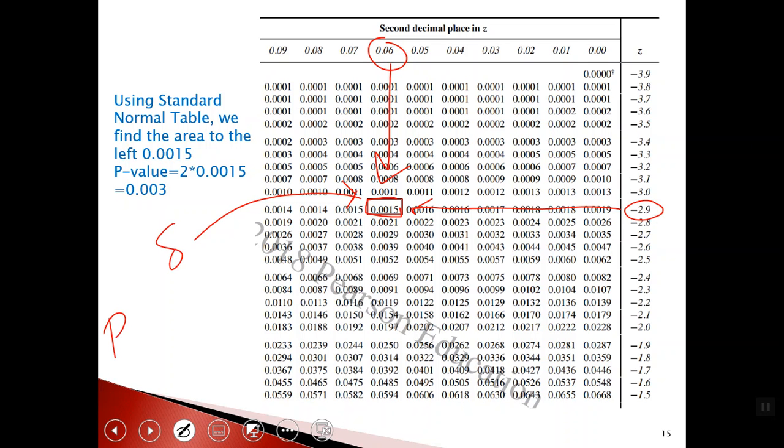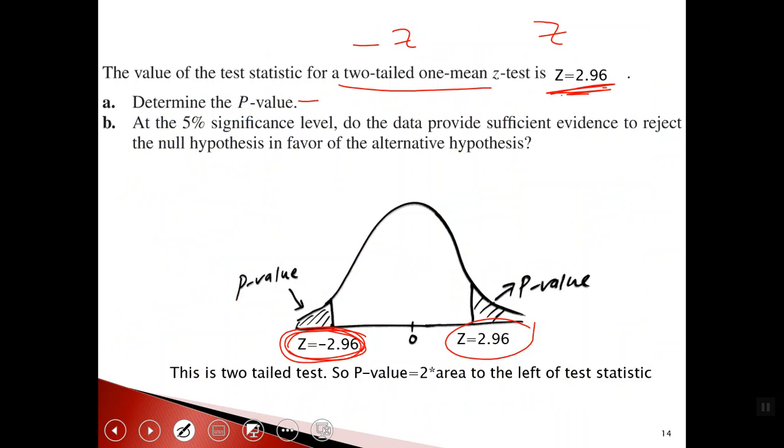So what is the p value? p equals 2 times delta. Why 2 times? Because this is a two-tail test. So the value becomes 0.003.